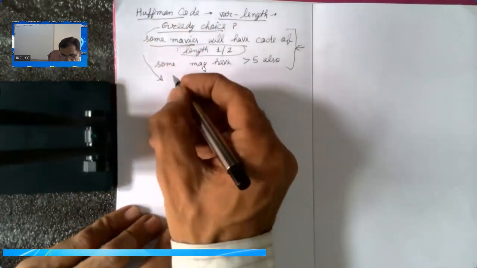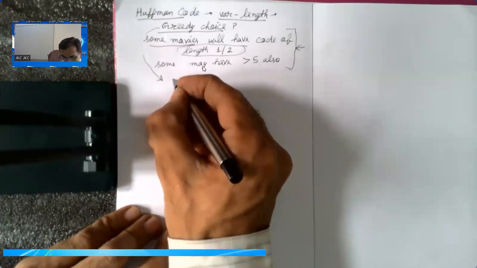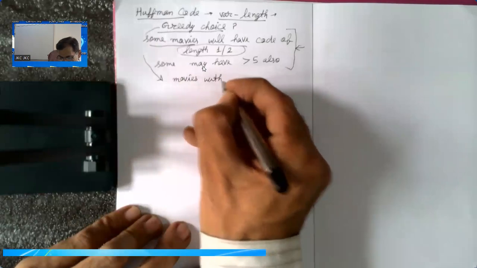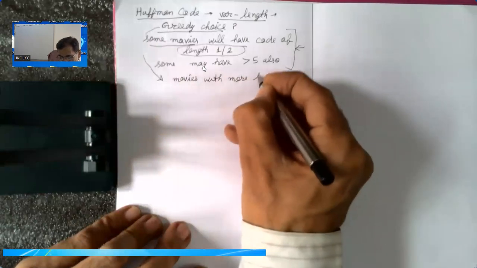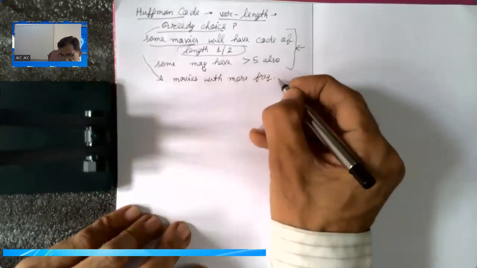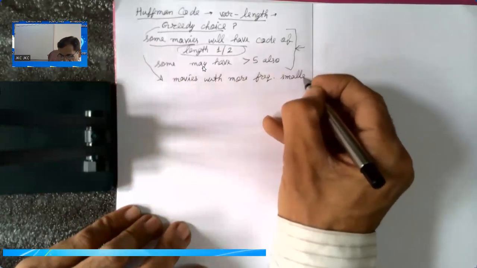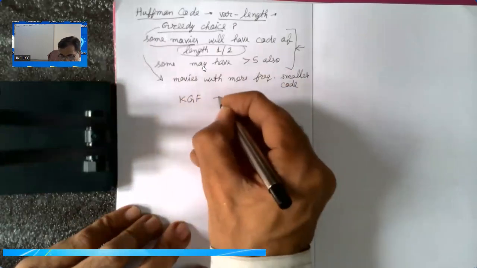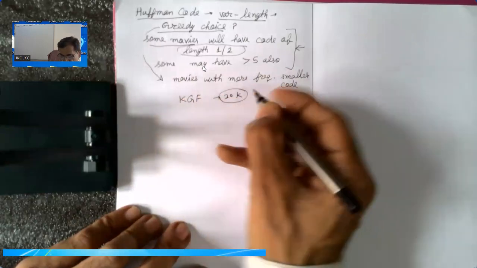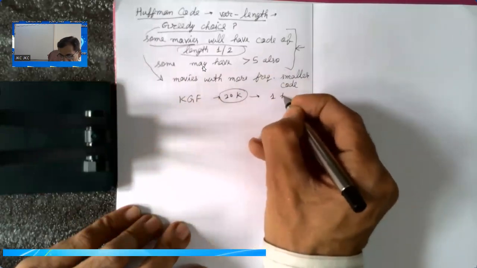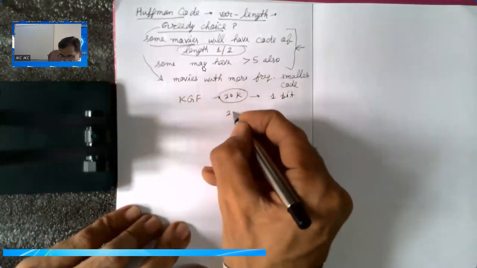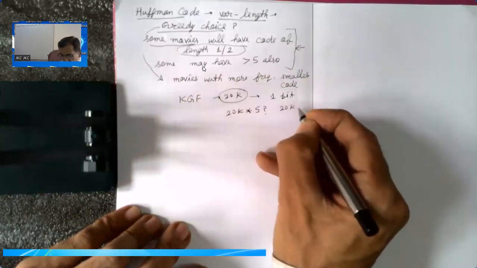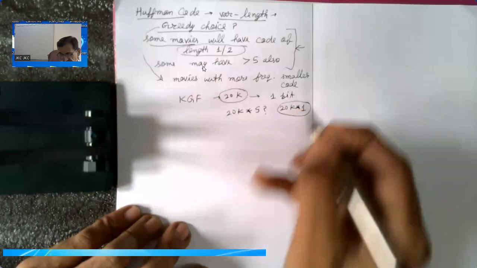And the choice can be, obviously, that the movie with more frequency should have a smaller code. For example, if my KGF movie has 20K entries, and I have this code be of 1 bit, instead of sending 20K into 5 bits versus 20K into 1 bit, I will be saving a lot.